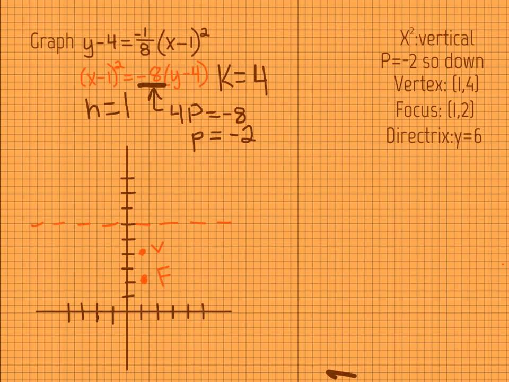Then we will put our latus rectum, which is 8 units long. So through the focus, I'm going to go 4 to the right and 4 to the left. And then I will connect the dots and draw in my parabola. And that one is finished.